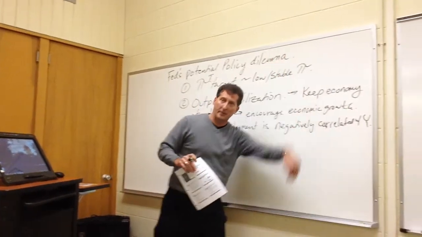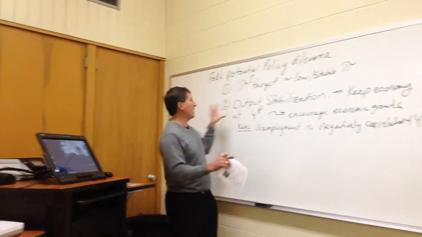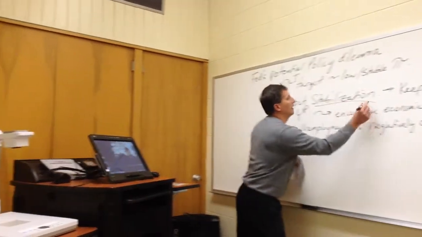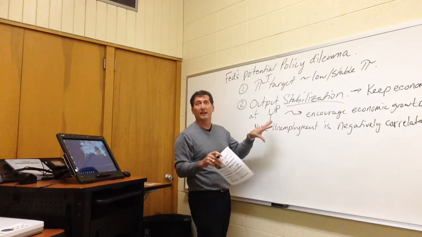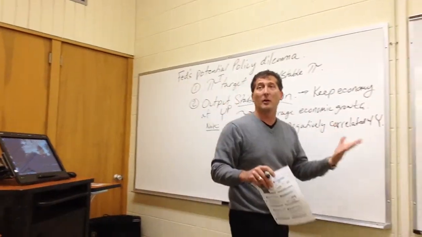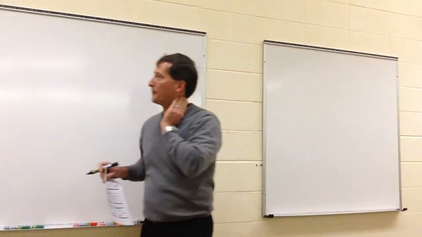Output goes up, unemployment goes down. Output goes down, unemployment goes up. So the point is that by the Fed following an output stabilization policy, it's one and the same as following an employment strategy or an unemployment stabilization.